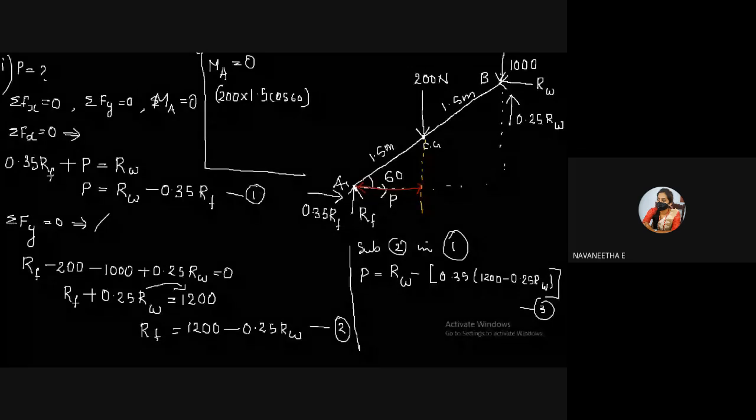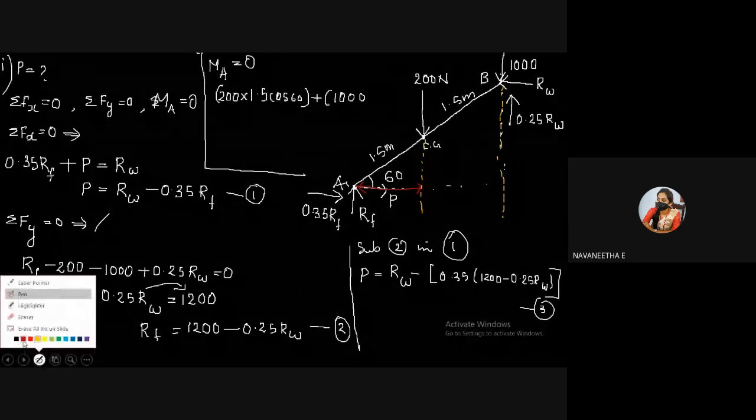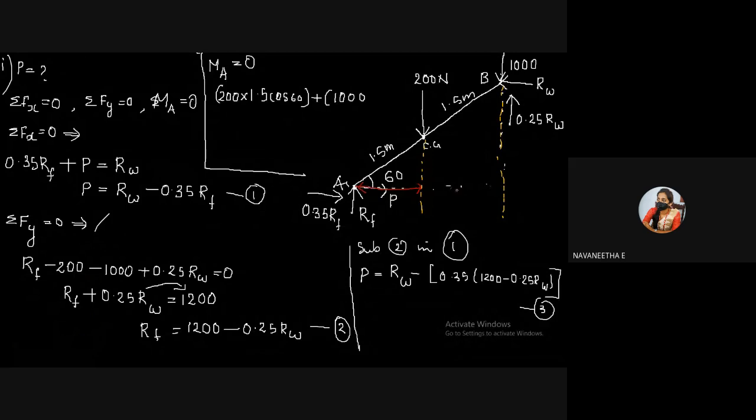For 1000, we have to consider the perpendicular distance between point A and the line of action of 1000. Here I am extending the line of action of 1000 Newton towards the horizontal surface. So this is the line of action, and the perpendicular distance is the horizontal surface itself, from point A to this point. If you consider the entire system, this is the big right angled triangle.